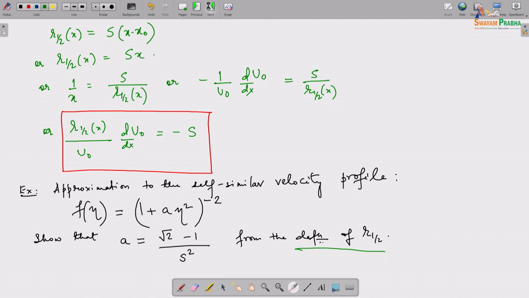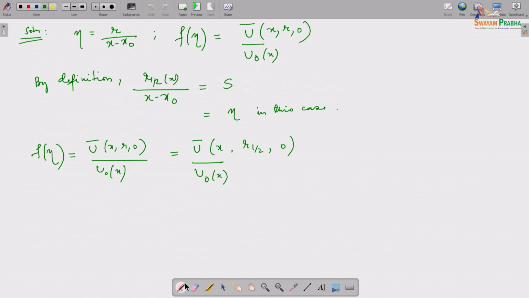So the definition of r half is that in this definition of f eta, this definition of eta, we are going to use r half for r.